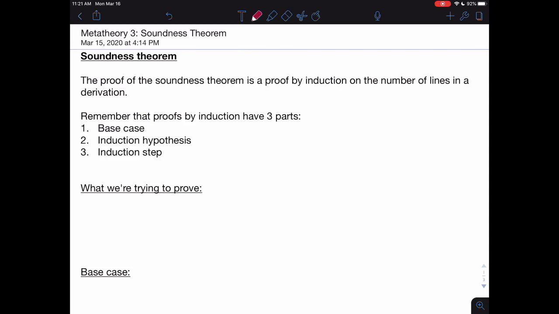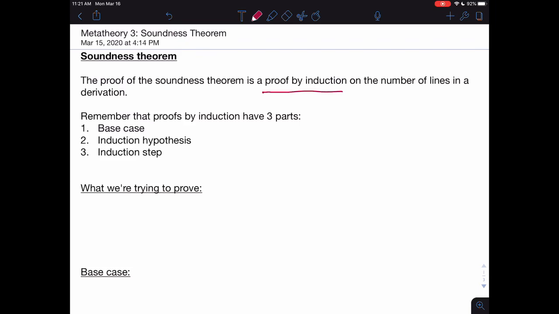The proof of the soundness theorem is a proof by induction on the number of lines in a derivation. We've talked about proofs by induction quite a bit in this class, but just remember that proofs by induction have three parts. First is a base case, and that's where you show that the claim you're proving holds for the most basic case of the thing you're doing an induction on.